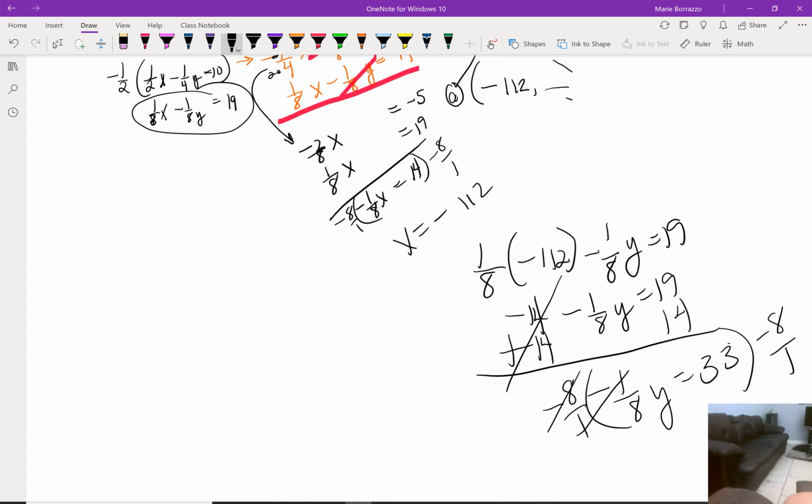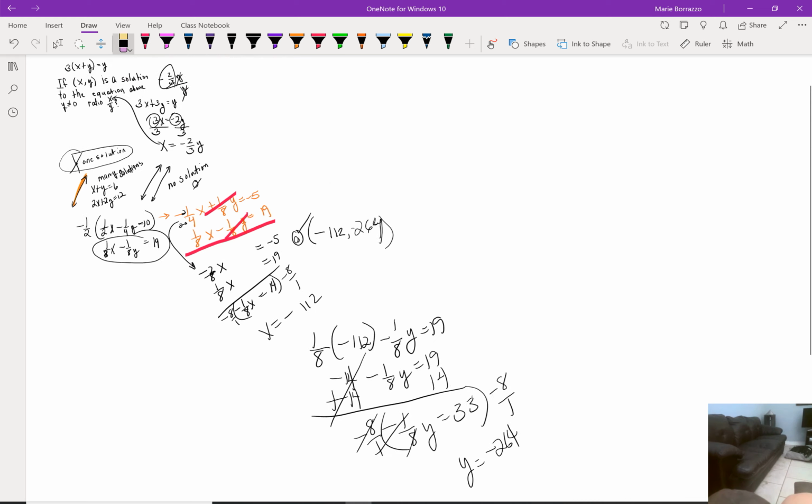Notice that this all cancels, leaving you y is equal to negative 264, which does complete our answer, choice A. And so you would have been correct had you just answered A. But again, I'm always paranoid, so I get it if you're the same way. So that's what they're asking you there.